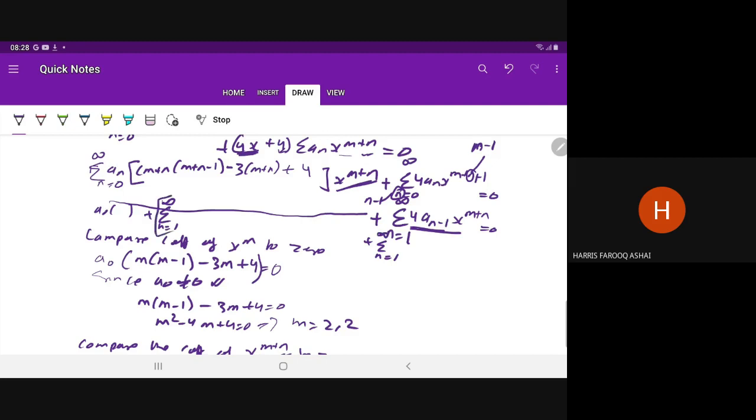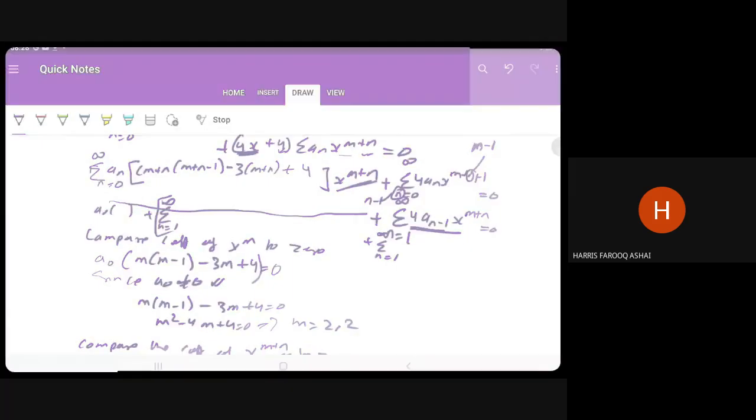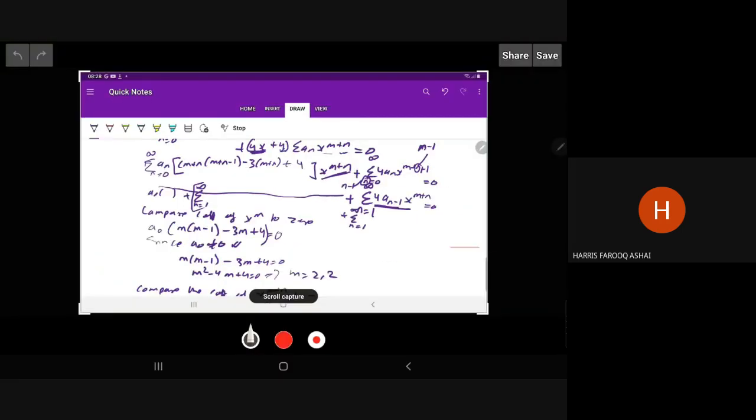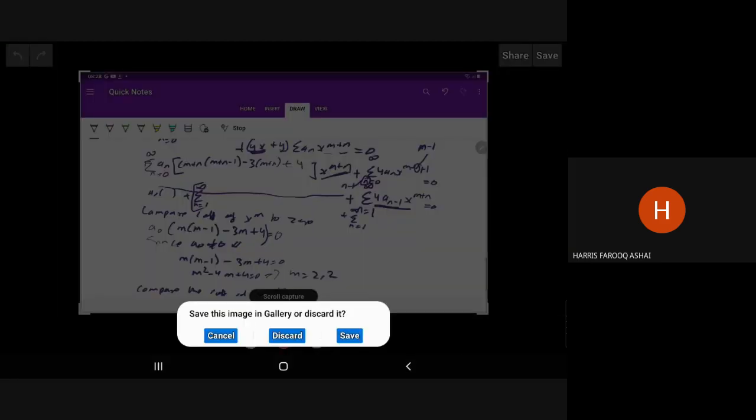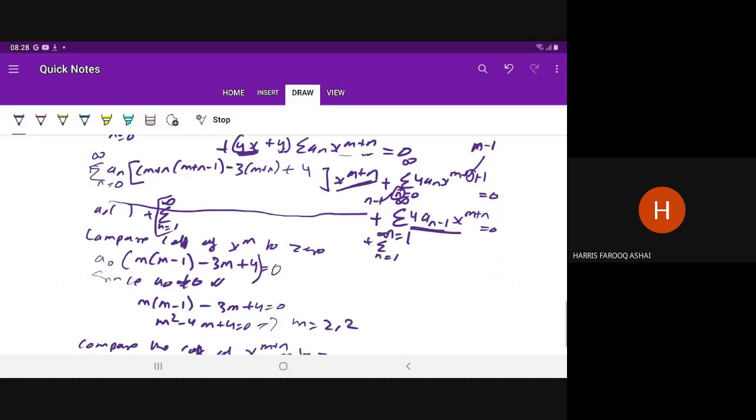So from this we are taking the common. Clear?